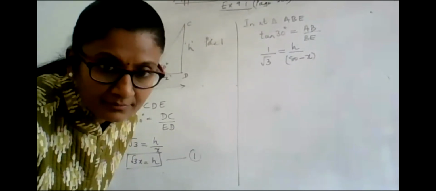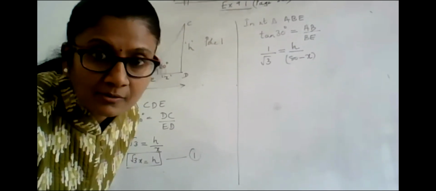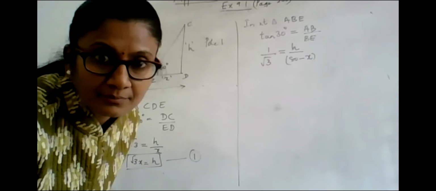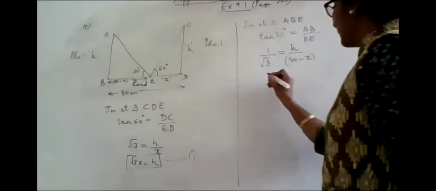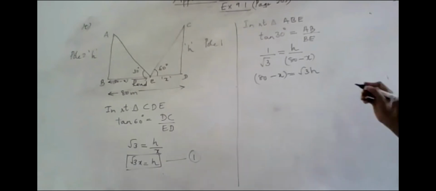This I have got from the figure itself. I know in my figure I have marked so many things. Okay, now when I cross multiply, I get 80 minus x equals root 3 times h. Alright, so this is my equation 2.